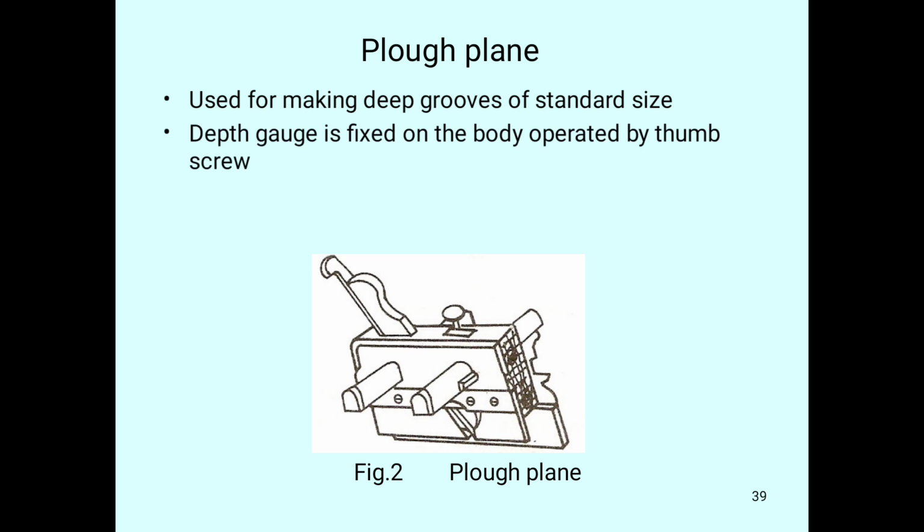Next, a depth gauge is fixed on the body, operated by a thumb screw. We keep the depth gauge fixed on the body of the plough plane, and it is operated by the thumb screw.